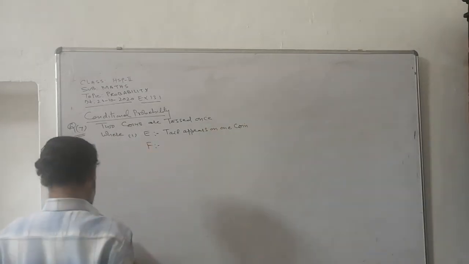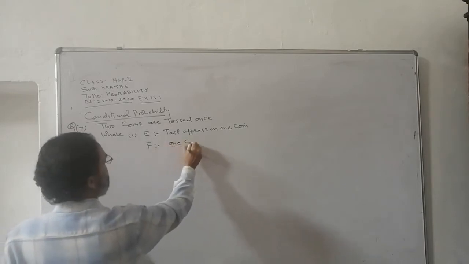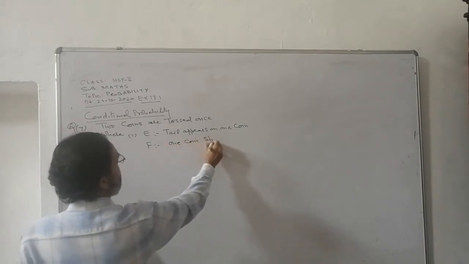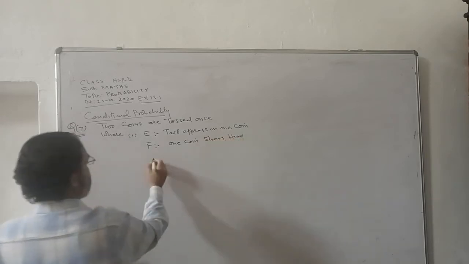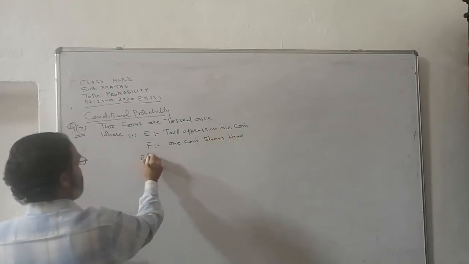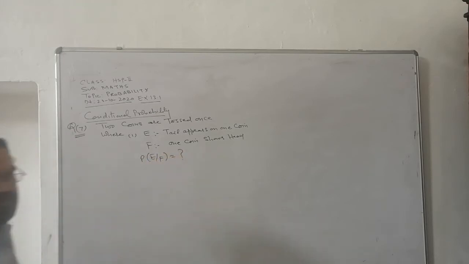Event F is also given: one coin shows head. We are asked to find the conditional probability, that is E upon F.